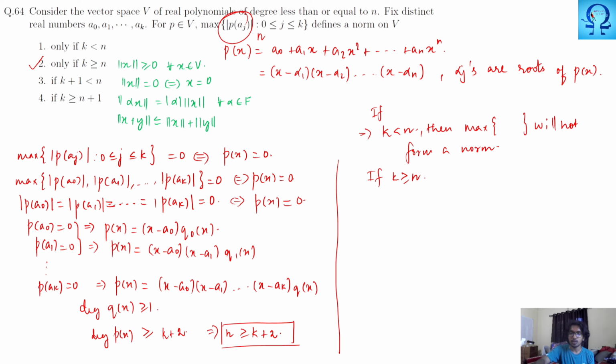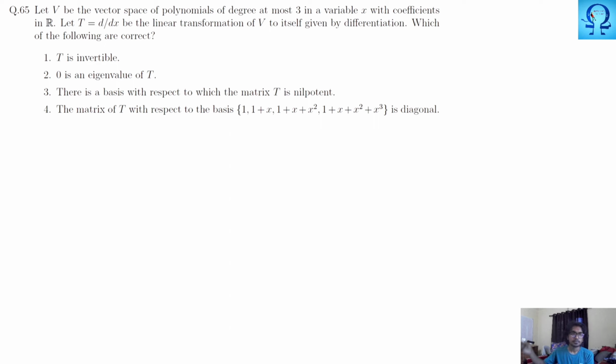Okay. Moving to the next question. Here we have V is a vector space of polynomials of degree at most 3 in the variable x. So V is basically something of this form, where all these Aj are real, j running from 0 to 3.